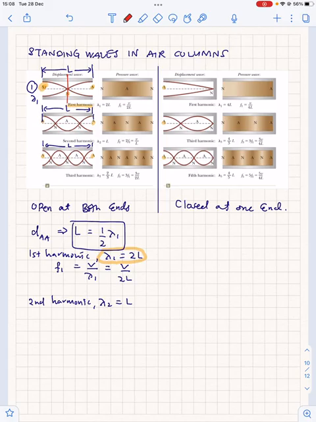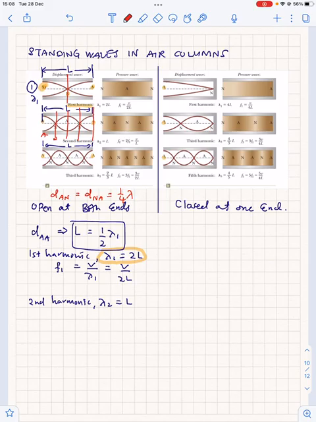Okay, write down here. The distance from antinode to node will be equal to the distance from node to antinode, which is 1 over 4 lambda. So 1 over 4 plus 1 over 4. Same goes to here: antinode to node, node to antinode, antinode to node, and node to antinode.